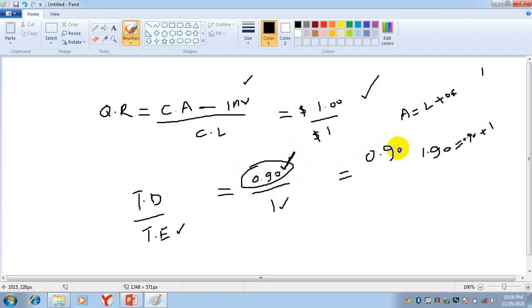So is debt financing good or is debt financing bad? Debt financing is good, but the main thing is the utilization of debt. We took 0.90 debt out of our total financing.